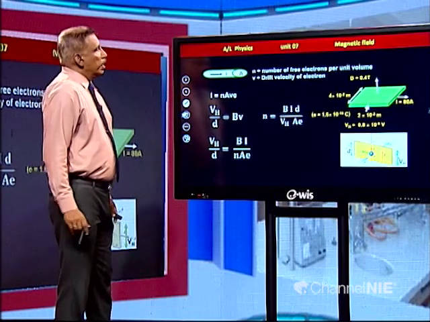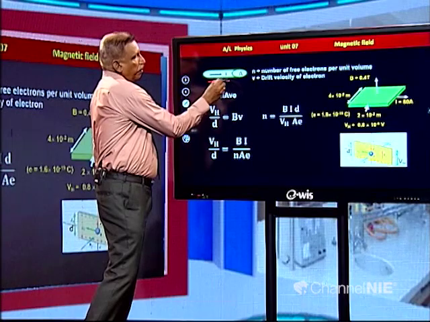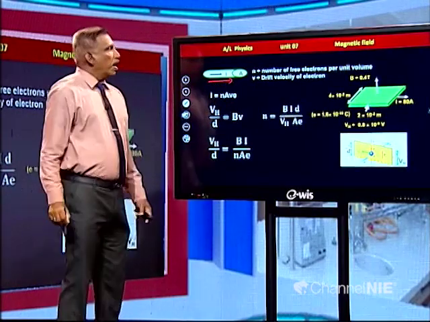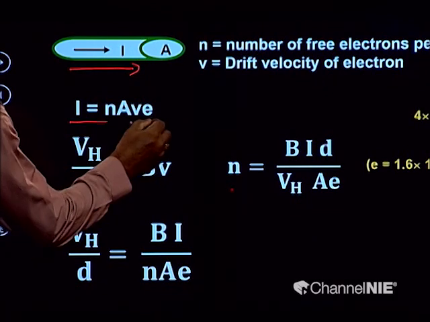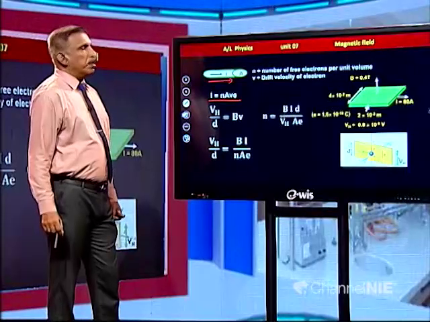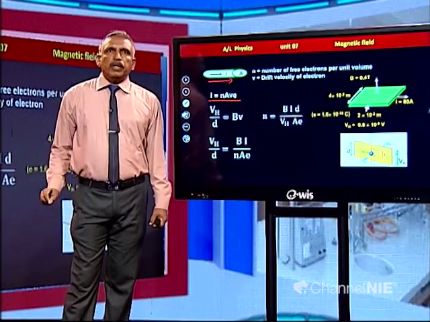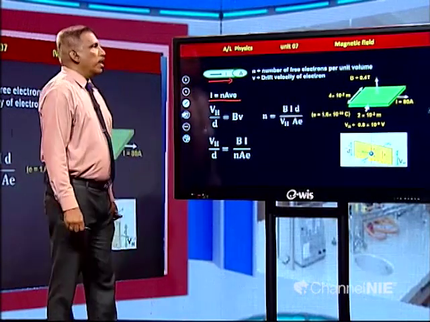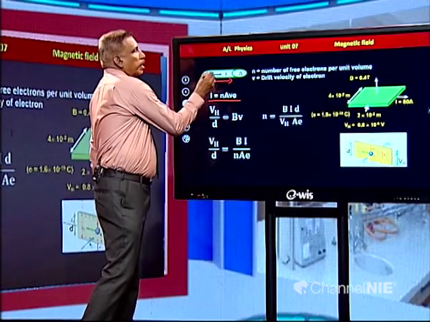Now, there is a current passing through the conductor. We can write I is equal to NAVe. That is also in current electricity. N is equal to the number of free electrons per unit volume, and V is the drift velocity of electrons, because these electrons pass through this conductor.